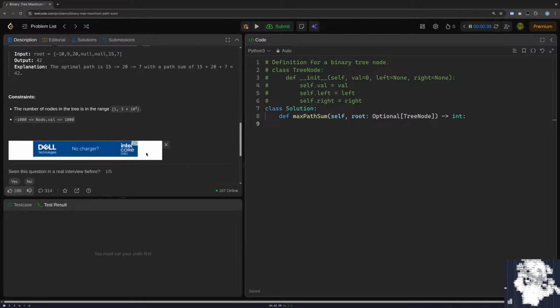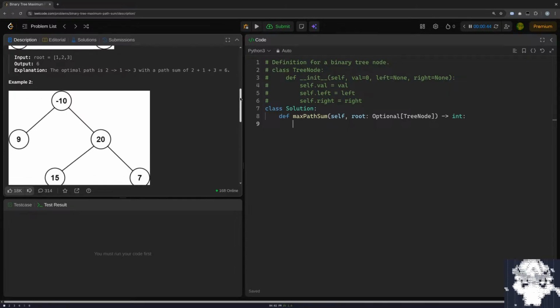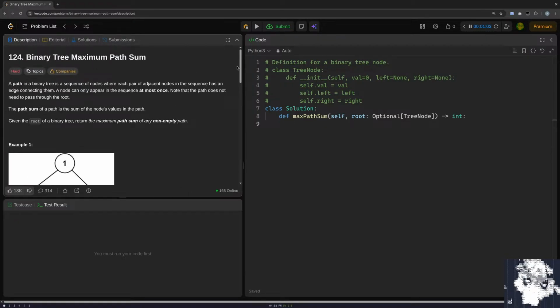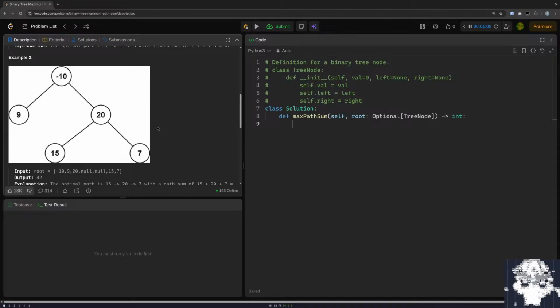Okay. So I happen to know that in a general graph, finding the longest path is an NP-complete problem. So there's no known way to do better than exponential. They're giving us a tree, so there probably is a way to do better than exponential, because the graph is so much more structured.